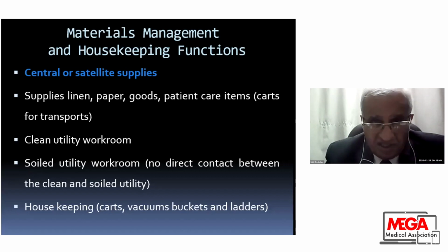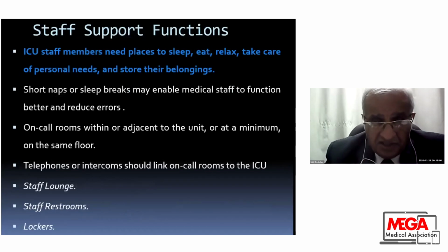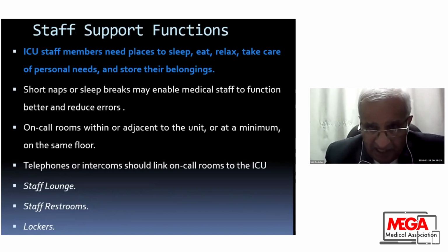Housekeeping functions: central or satellite supplies, linen, paper goods, and things of that sort, clean utility workroom, soil utility workroom, and housekeeping items like carts, vacuums, buckets, and ladders. The staff support functions: ICU staff members need places to sleep, eat, relax, take care of personal needs, and store their belongings. Telephones or intercoms should link on-call rooms to the ICU. There should be a staff lounge, staff restrooms, and lockers.